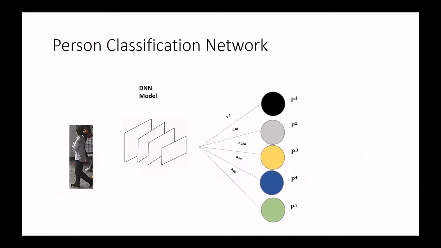A simple way to do this is what is called a person classification network. We have an image of one person and we go through this deep neural network, and that person's images are classified as person 1.